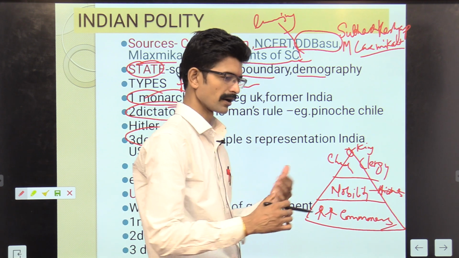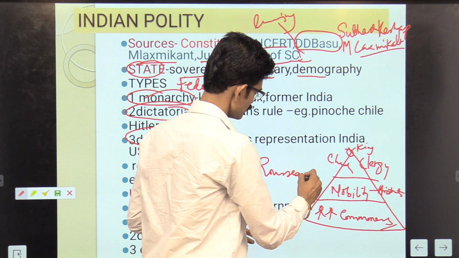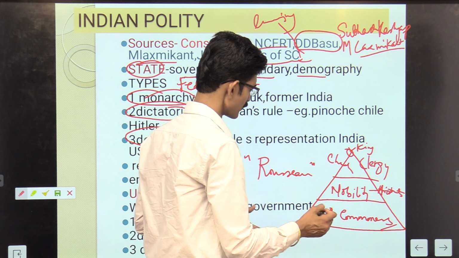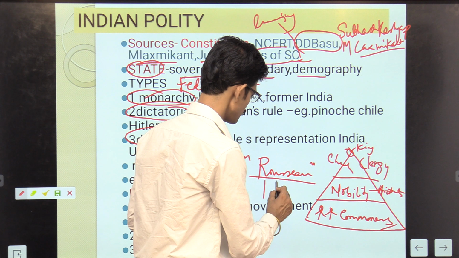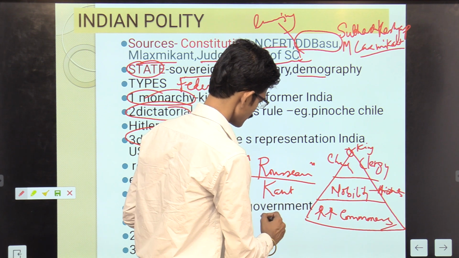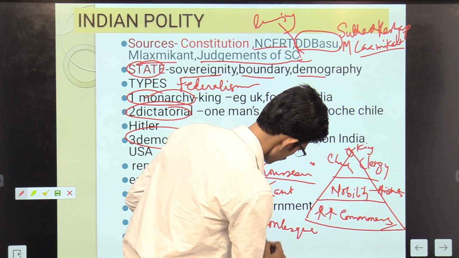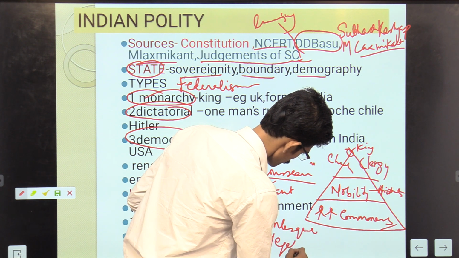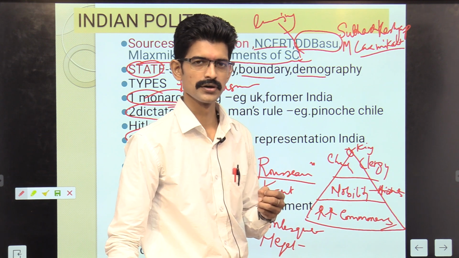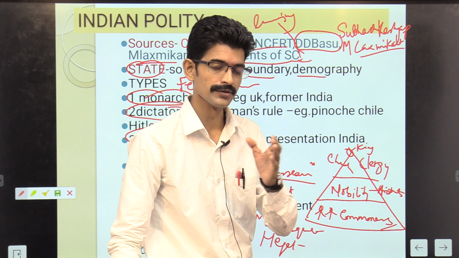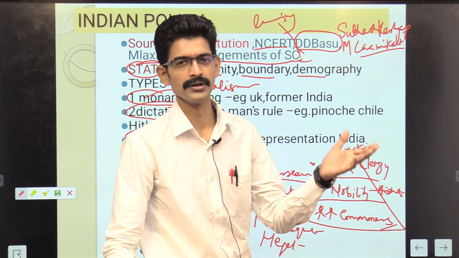That was again motivated by the thoughts of Rousseau, who said that man is born free but everywhere in chains. Then there was the idea of Kant. Then there was Montesquieu. Then there was Hegel, who propounded individualism, that how individuals should work and what is the duty of the state with respect to individuals as well as the communities.